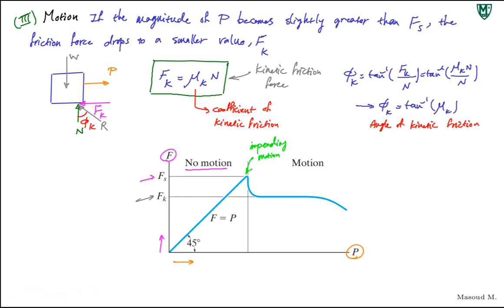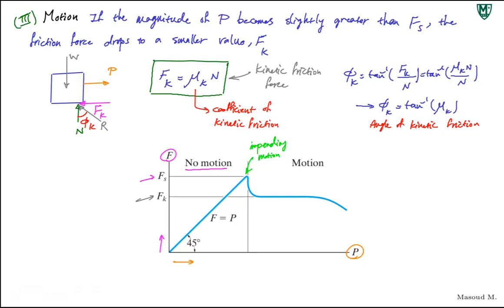For a circular object, it's a little more tricky. Let's say a cylinder rolling on a surface. When the rolling is happening, you have static friction, although it's moving. But remember, we care about the contact between surfaces. So there is no slipping there, and when there is no slipping, it's static friction. When this cylinder starts slipping, you have kinetic friction.